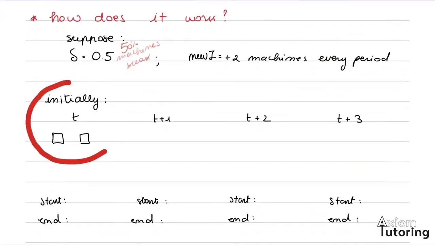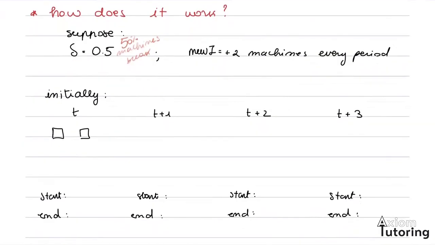So initially, if we start in period T with 2 machines and we apply the fact that we are going to buy 2 new machines, however, half of the machines that we already have are going to break down. So we are going to have 1 machine abandoning us, but we're going to buy 2 new machines.